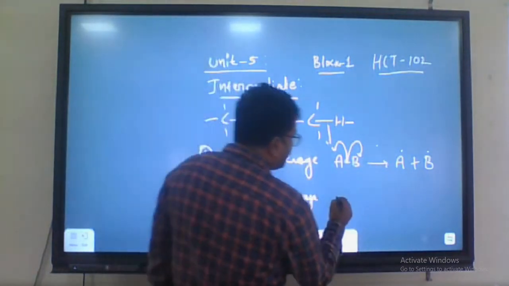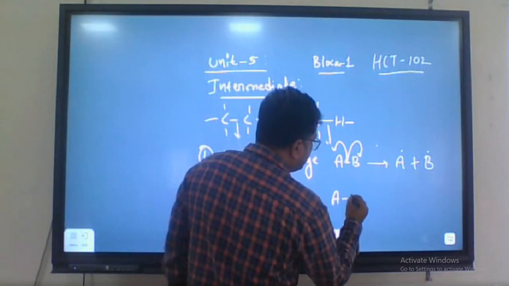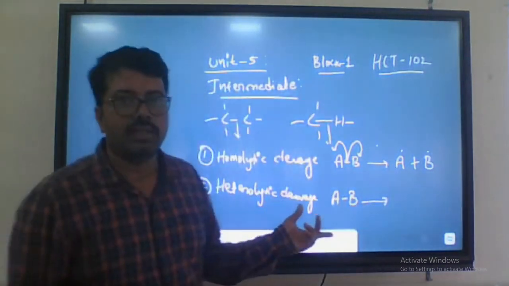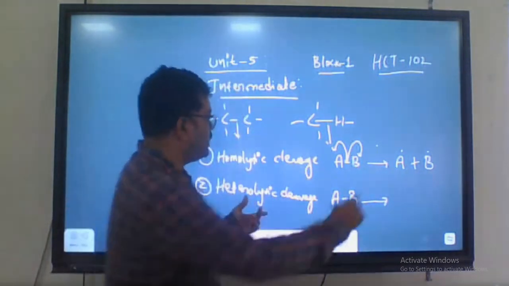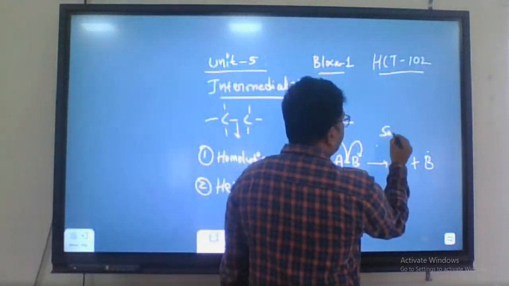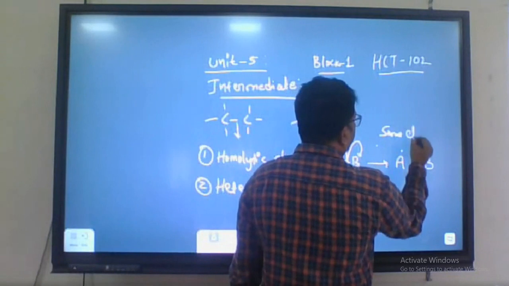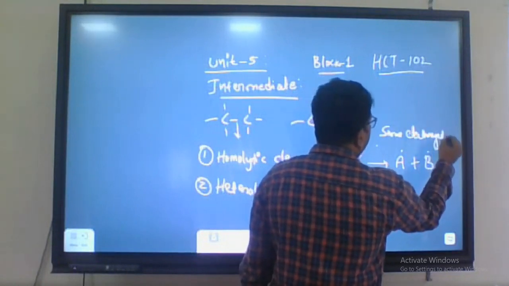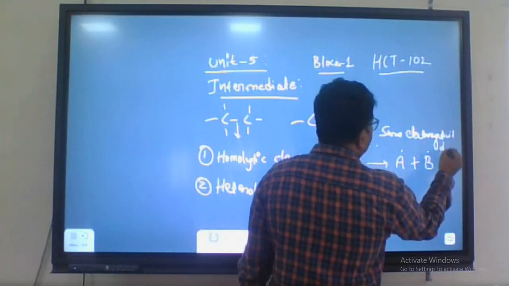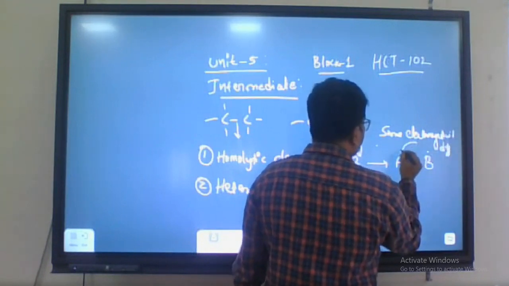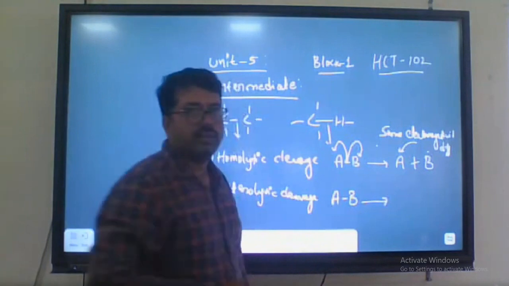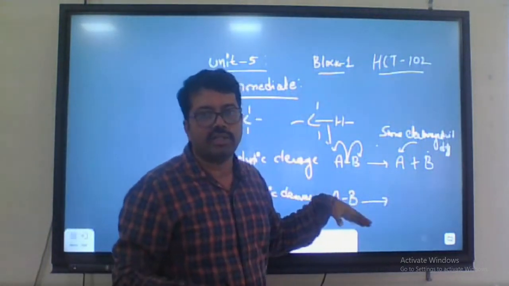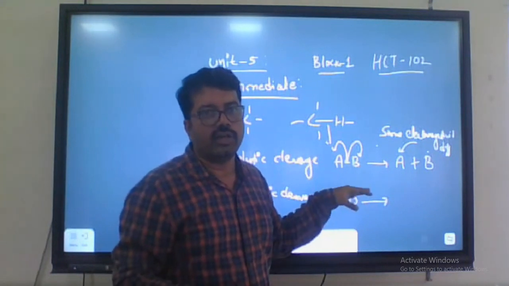What is heterolytic cleavage? In the case of homolytic, the electronegativity difference is the same. In this one, the electronegativity difference is more.